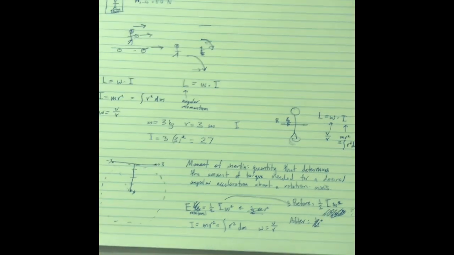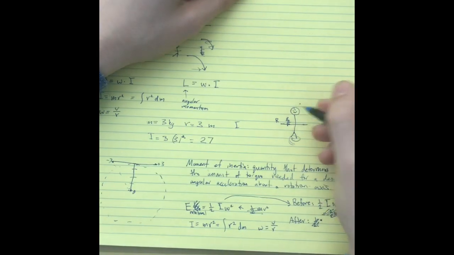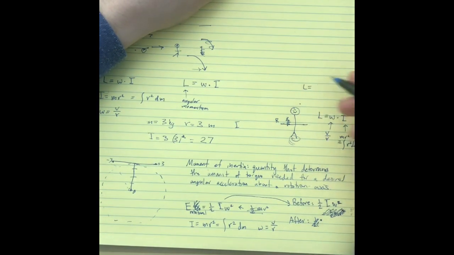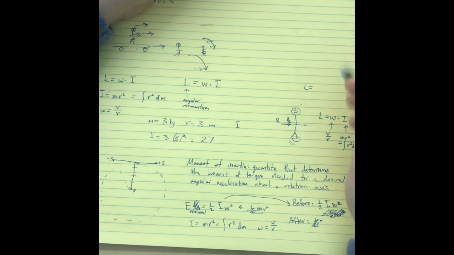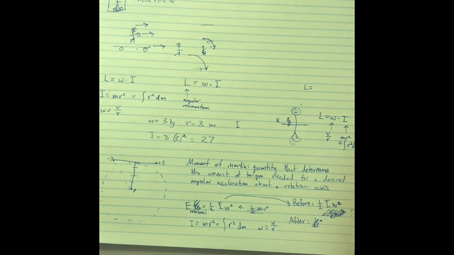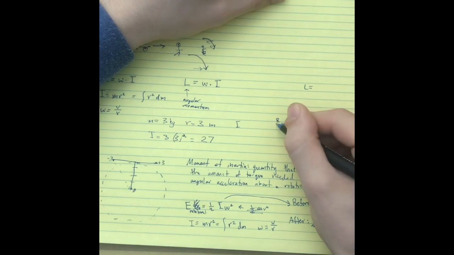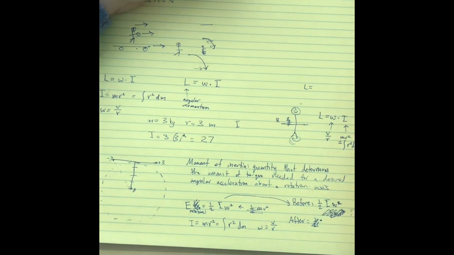So now we're going to think about the conservation of angular momentum with this figure skater. If the angular momentum has to stay the same, we write it using r, the initial radius.